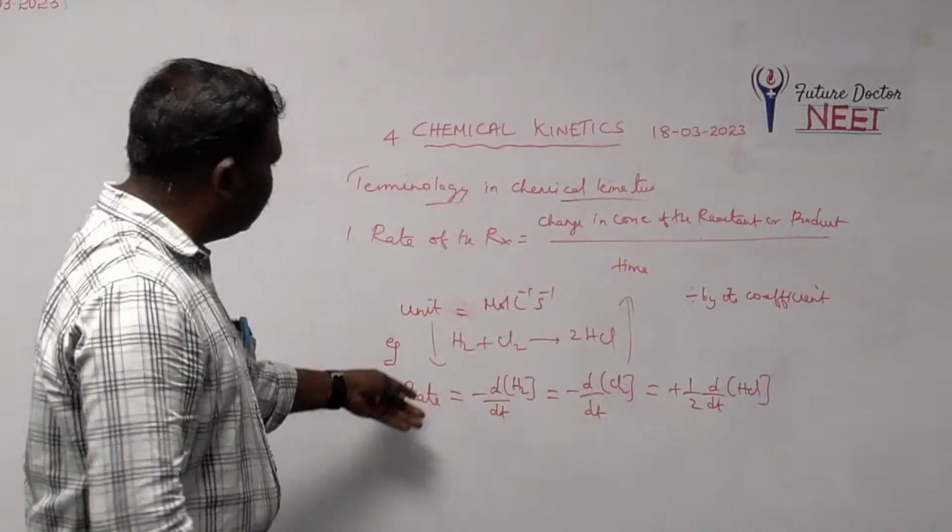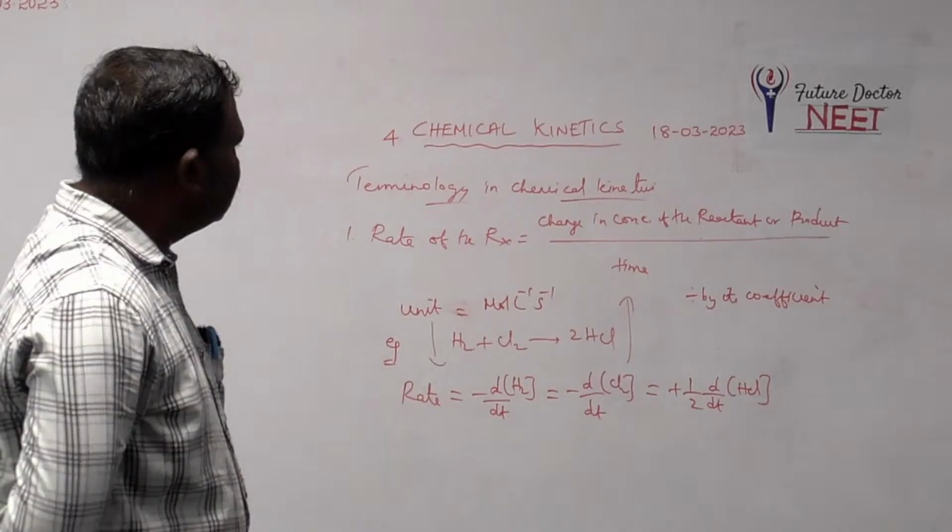First important term is: the left hand side goes on decreasing whenever the reaction proceeds. Then only I put what? Minus. On the right hand side, the concentration of the product will increase.